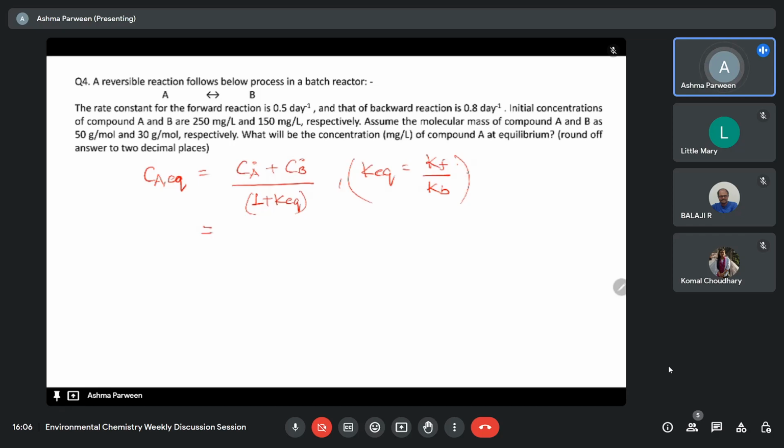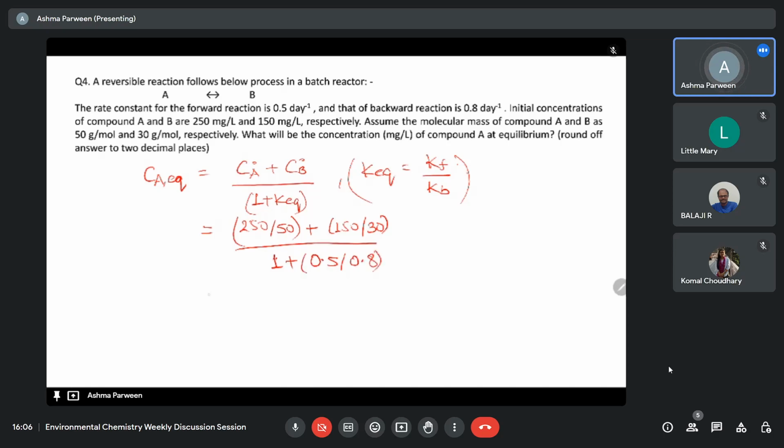Concentration of A will be 250 upon molecular weight of A, which is 50 grams per mole, plus initial concentration of B, 150, divided by its molecular weight, divided by 1 plus the equilibrium constant, which is the ratio of forward rate constant, 0.5, and backward rate constant, 0.8.